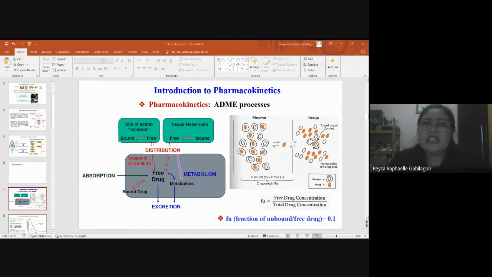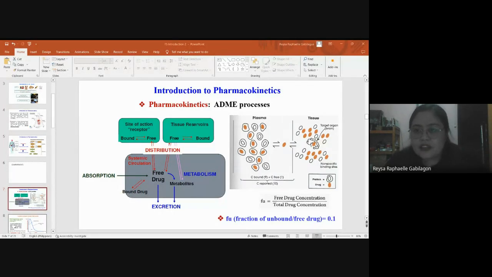At pag hindi siya na-distribute, most likely hindi din siya magkakaroon ng effect. Now, if we have a drug and then we compute the volume of distribution and we get a high volume of distribution, that means less ang protein binding and the drug most likely umabot doon sa tissues, okay, sa target tissues natin. So ito yung magiging guide natin.